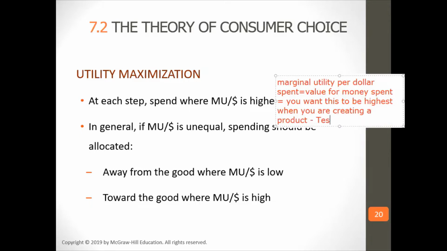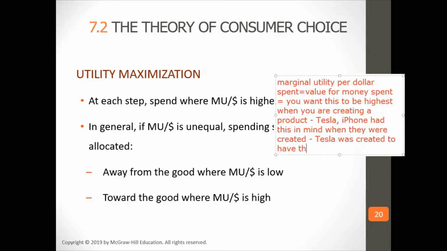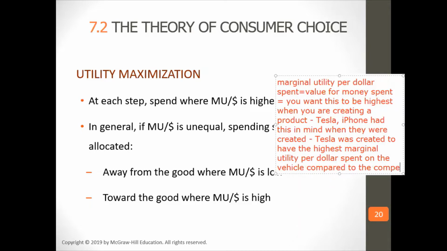Like Tesla and iPhone had this in mind when they were created. Tesla was created to have the highest marginal utility per dollar spent on the vehicle compared to the competition.